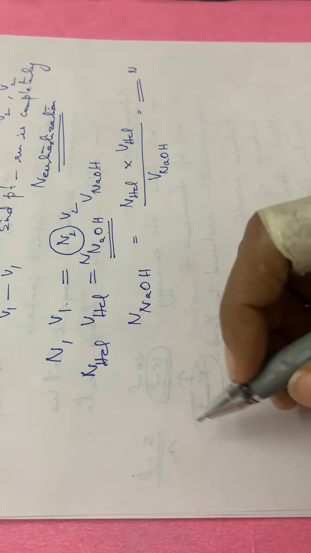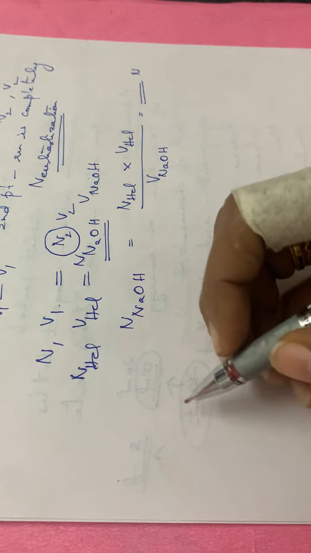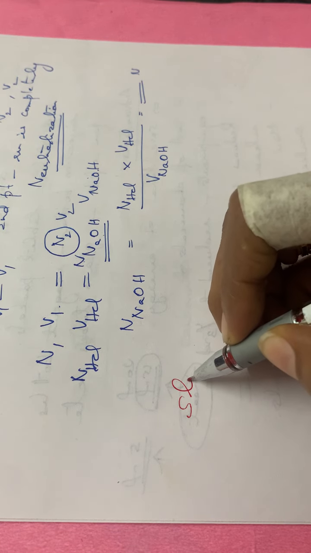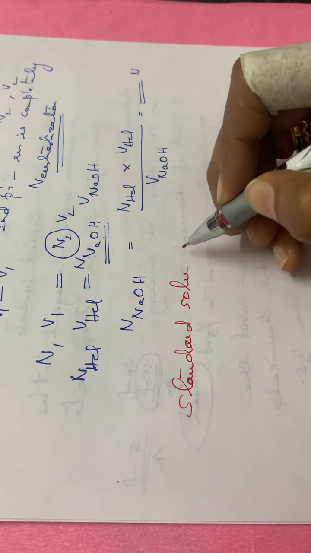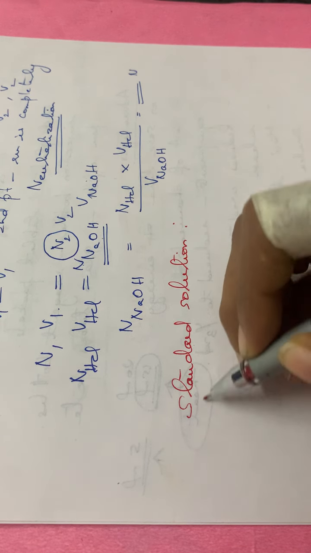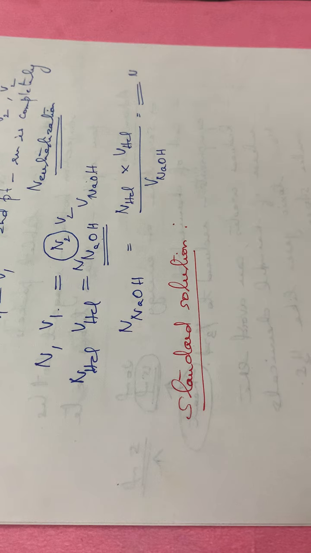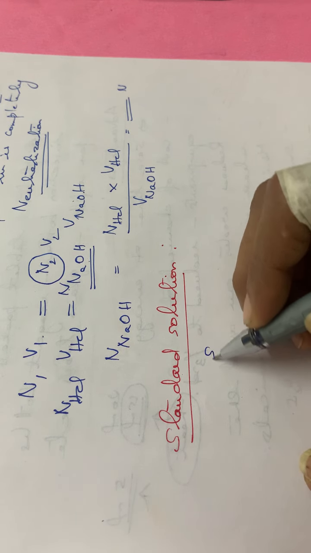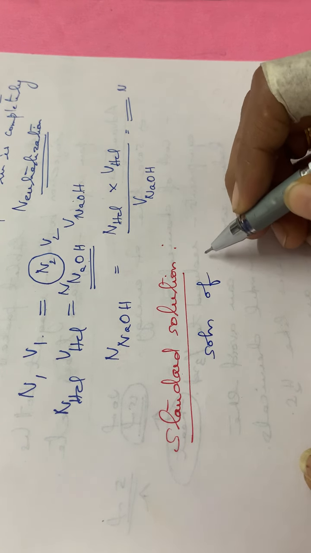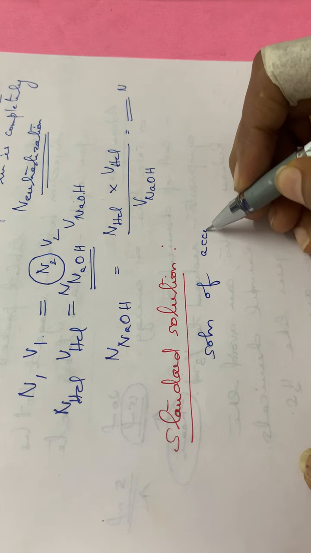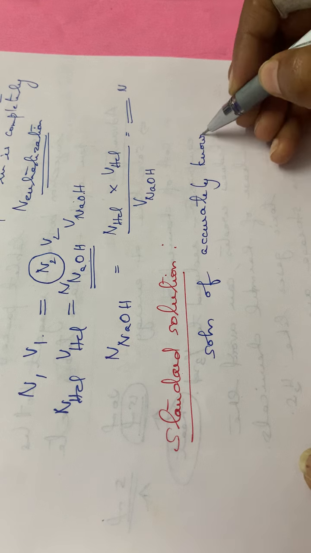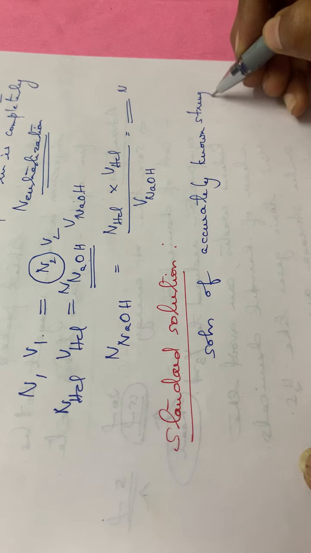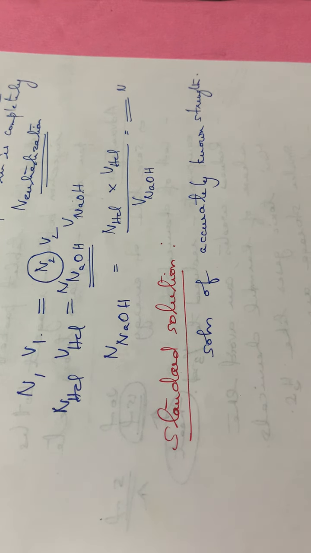Then next, you have to be clear about these terms. The next term is the standard solution. A standard solution is a solution of accurately known strength. For example, sometimes we take Mohr's salt.